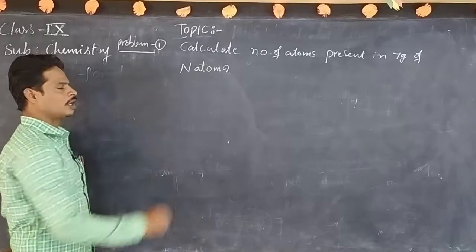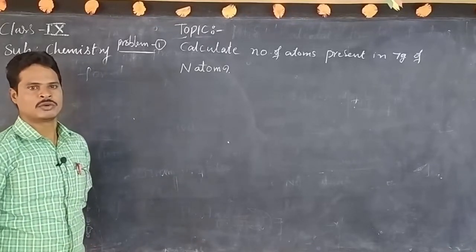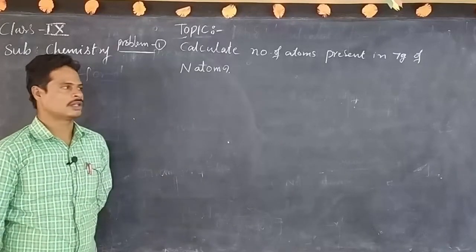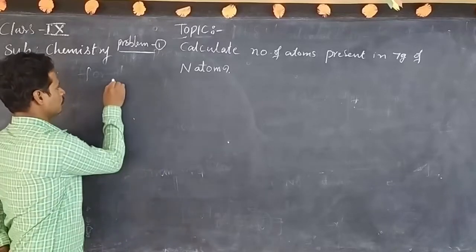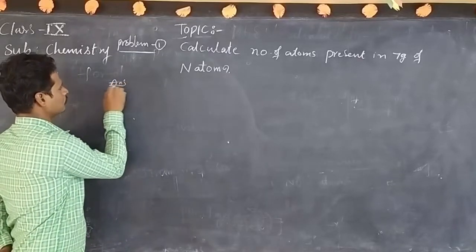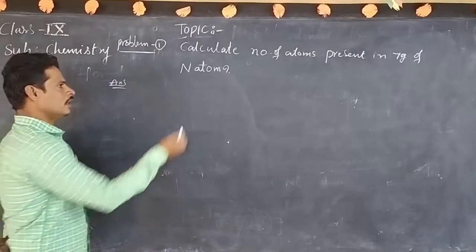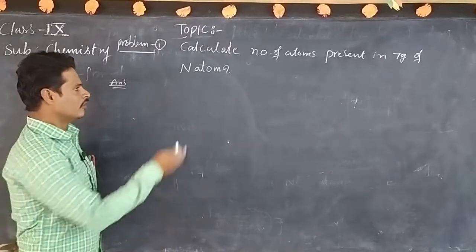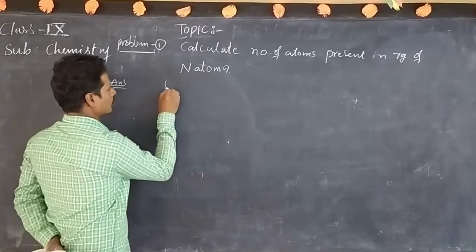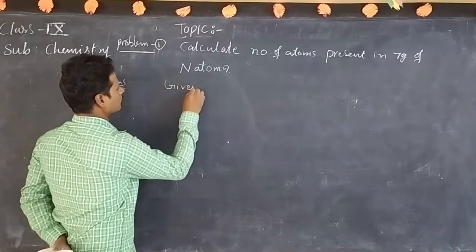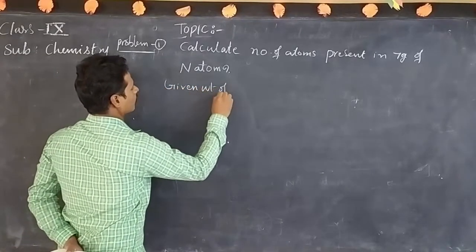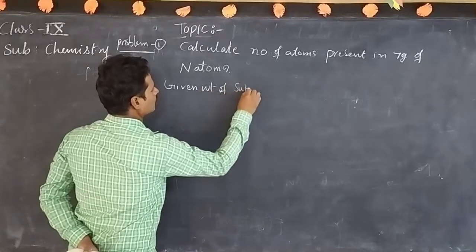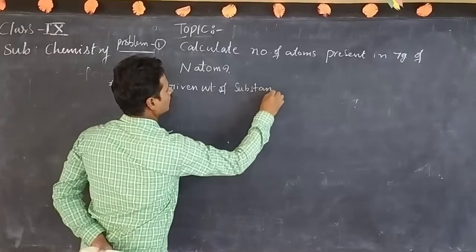Next what we have to do, we identify what is given and what is not given in the question. Here the weight of substance is given. Here substance means what?